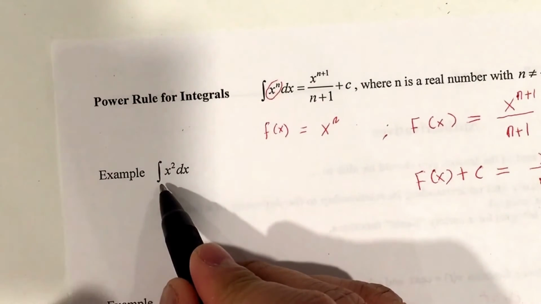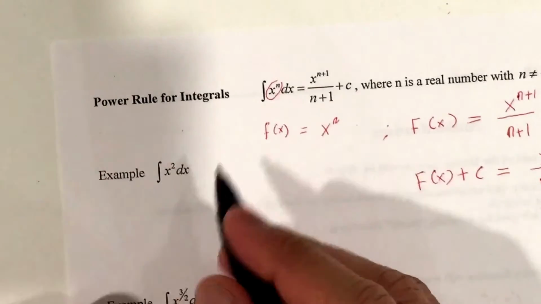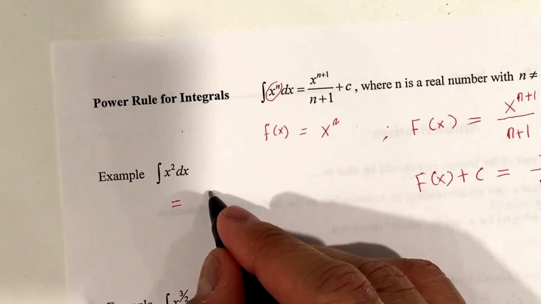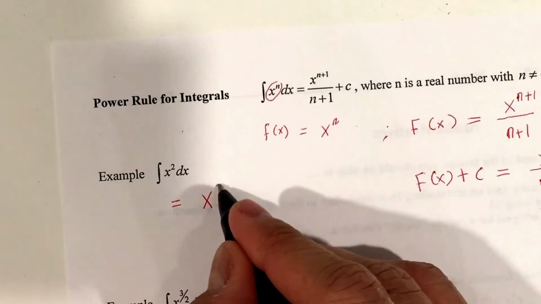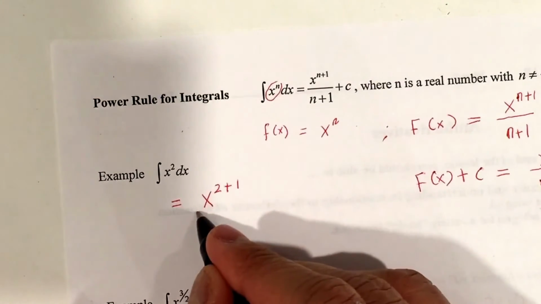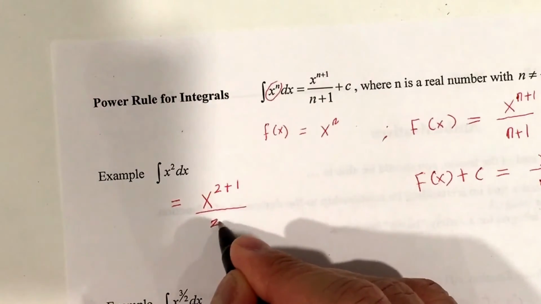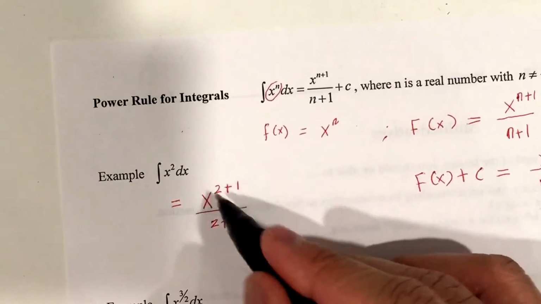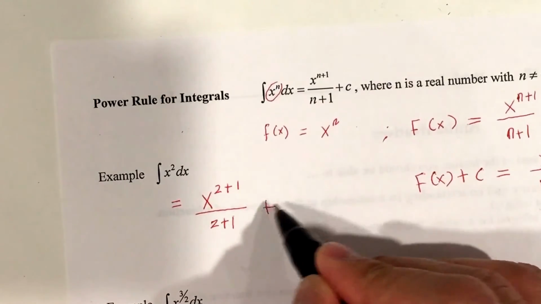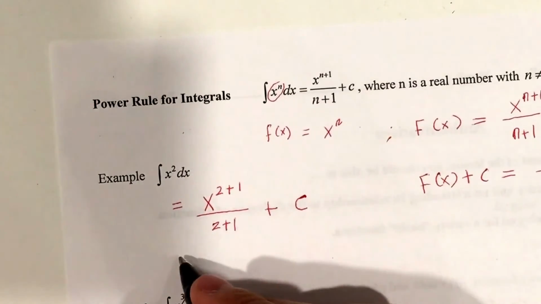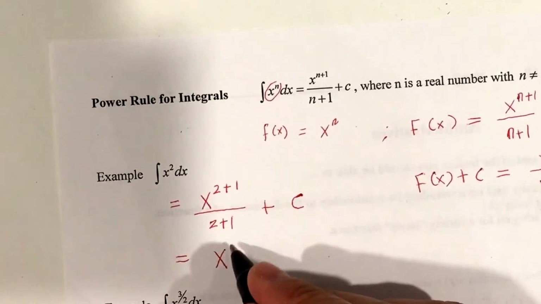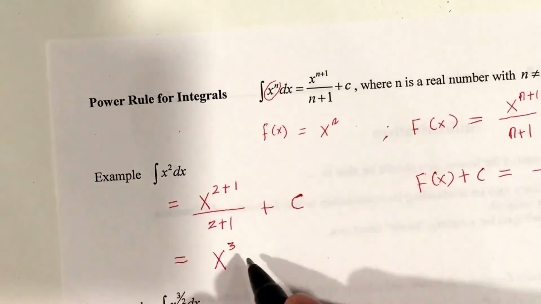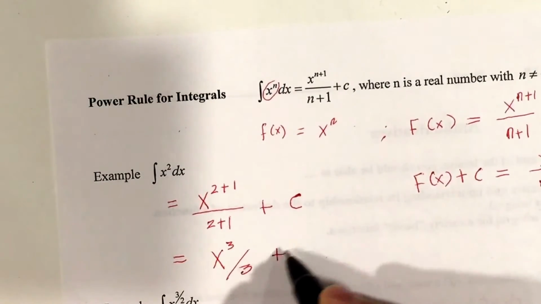Find the antiderivative of what? Well, of x squared. You add 1 to the original power, divide by the same power, and then add the letter c. Simplify this. This gives us x to the third over 3 plus c, because 2 plus 1 is 3.